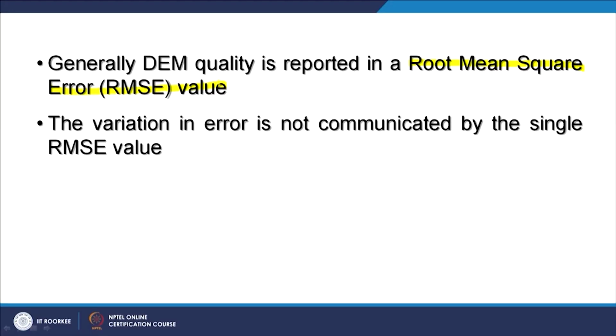Now, variations in error are not communicated by a single RMSE value. If you have just one single RMSE value for an entire data set, that may not be sufficient, because as we have learned, errors may vary spatially within a data set.